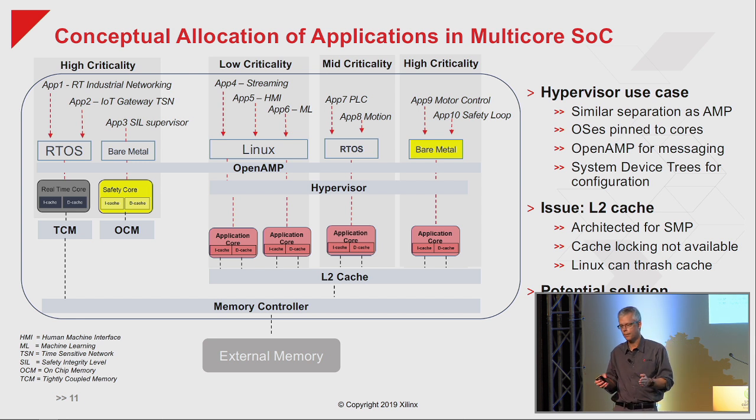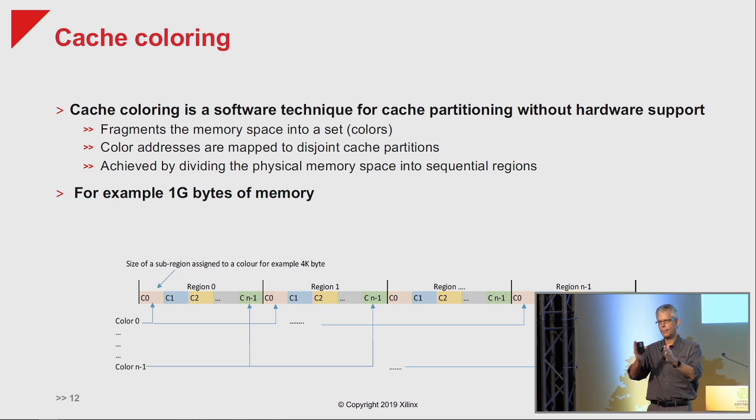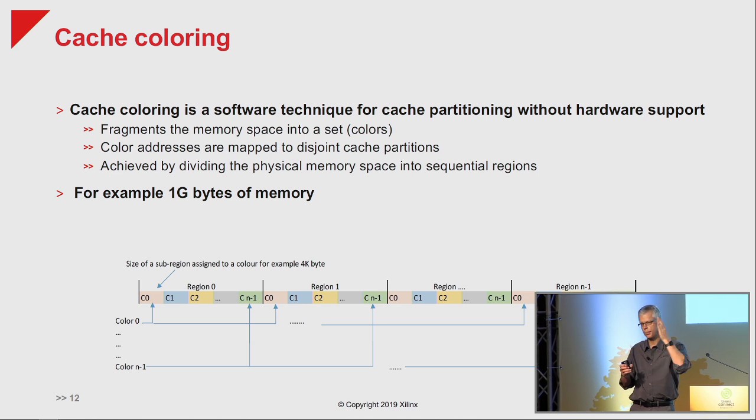It's not deterministic anymore. So we've been working together with some partners on a solution called cache coloring. Not going into the details of cache coloring, but at a very high level, since the physical memory, each address is mapped to a particular cache line, you can imagine looking at your memory in these blocks. Let's put colors on them that are repeating all over.